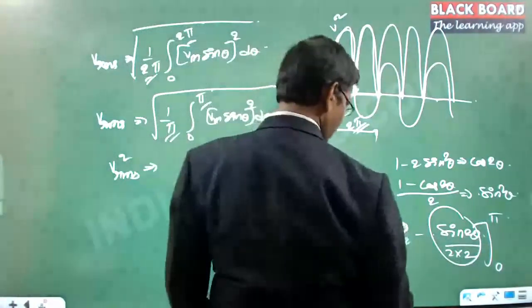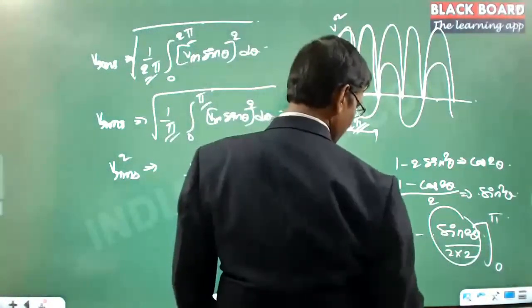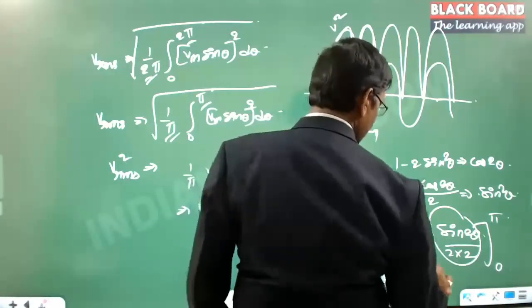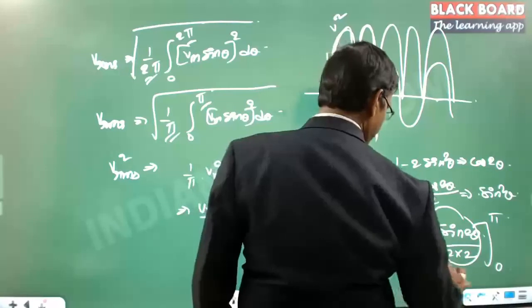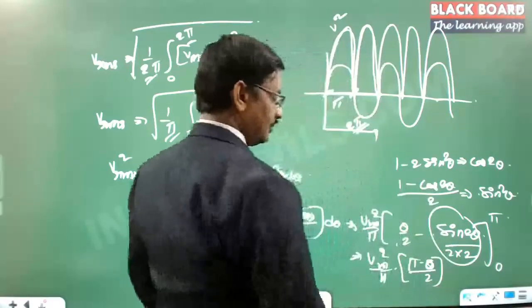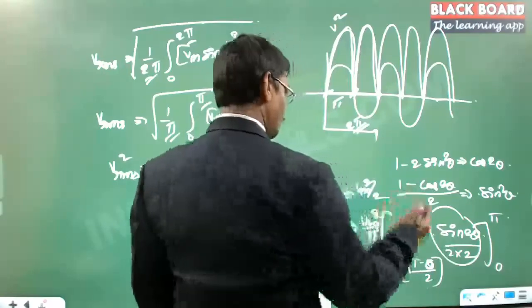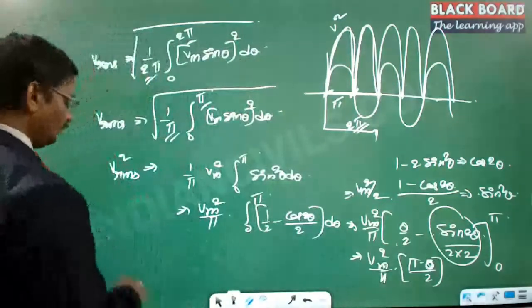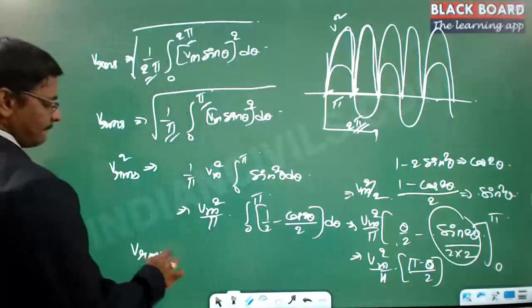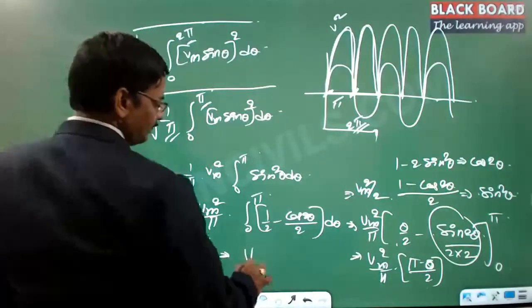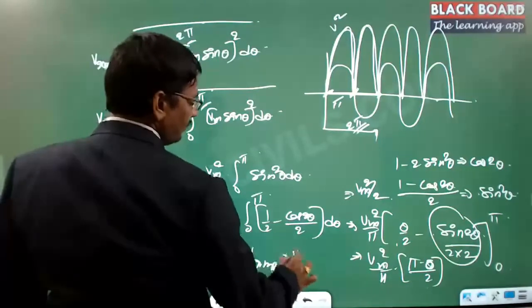Whatever is left over is Vm square by pi times pi minus 0 divided by 2. So finally it comes out to be Vm square by 2. So VRMS square is Vm square by 2, which implies VRMS equals Vm by root 2.